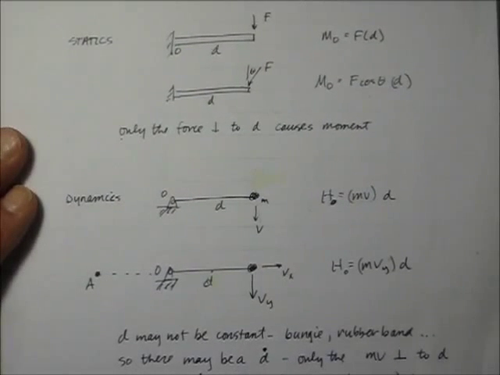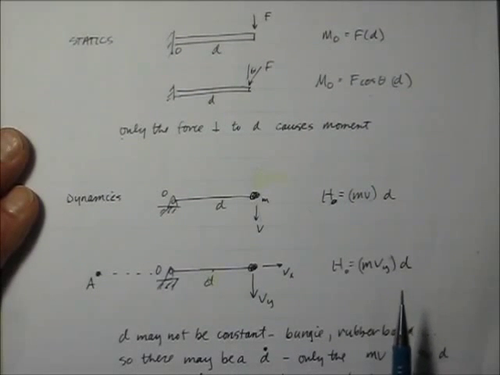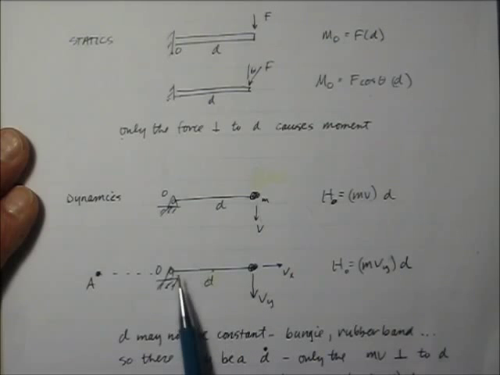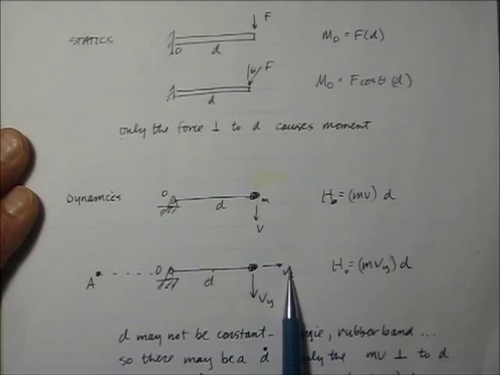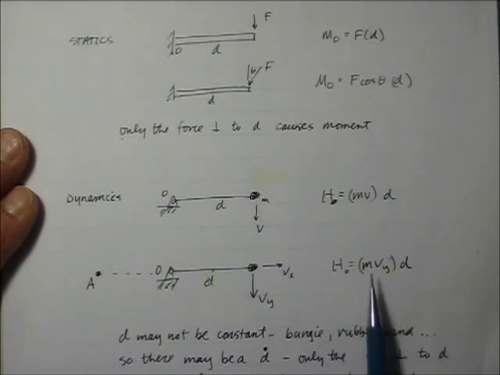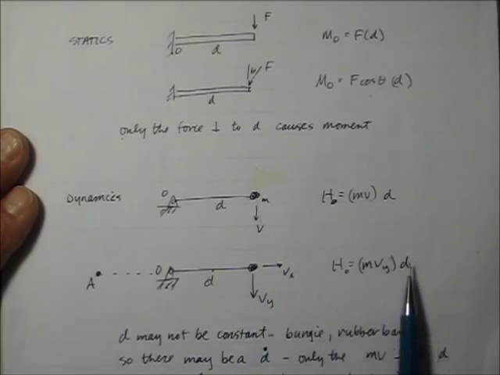Only the component of the momentum that is perpendicular to the distance from the reference point counts, such that if you had a velocity in both the y direction and the x direction, only the y direction counts, because y is perpendicular to d. So I'd say that the momentum, mv in the y direction, times d is equal to the angular momentum about point O.